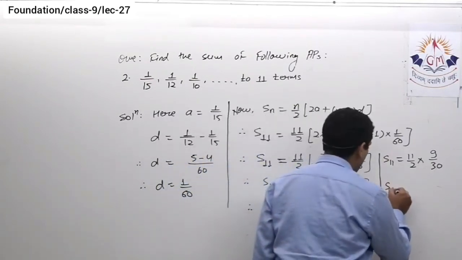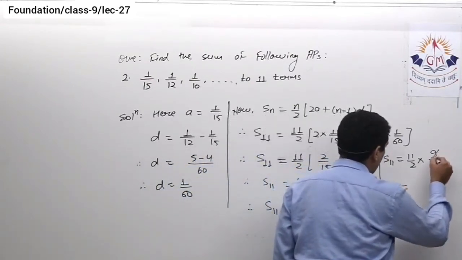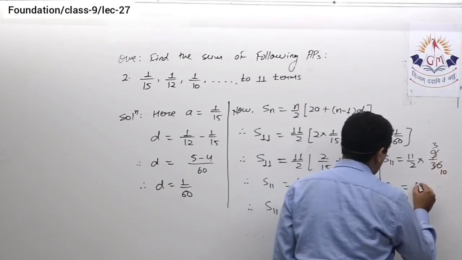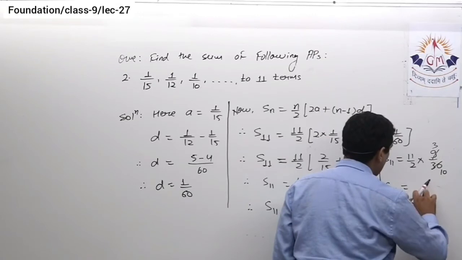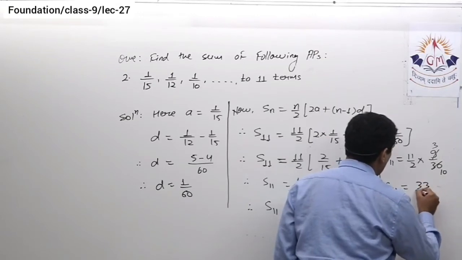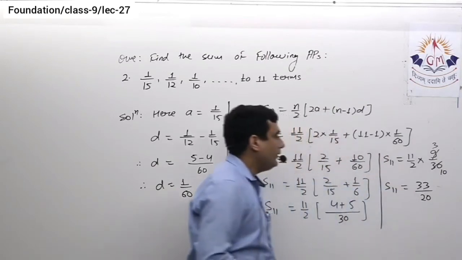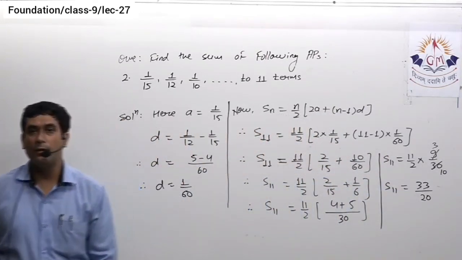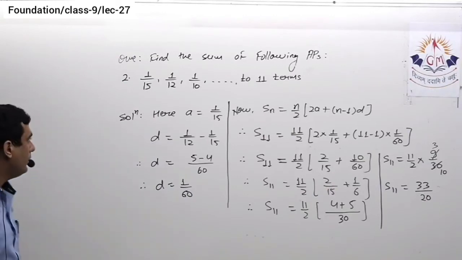Finally we can again cancel: 3 3s are 9, 3 10s are 30. So 11 into 3 is 33, 2 into 10 is 20. So the sum of 11 terms of the given AP is 33 upon 20. So please note it down, then we'll see the next question.